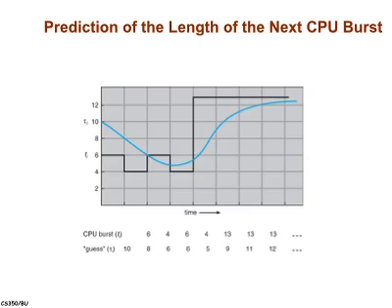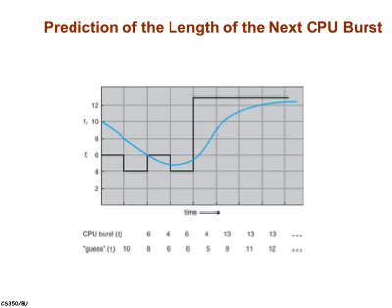Exponential averaging may give you a predicted value of 8, whereas in reality the process may execute for say only 4 time units. So you reduce it further and further, till maybe say time unit 4, where suddenly the process takes 12 time units of time.